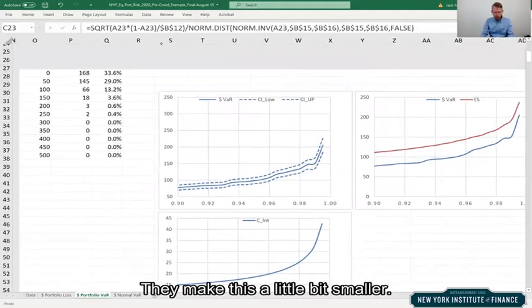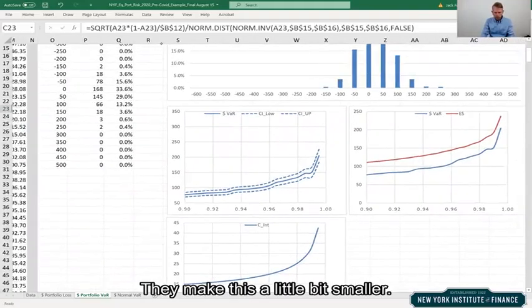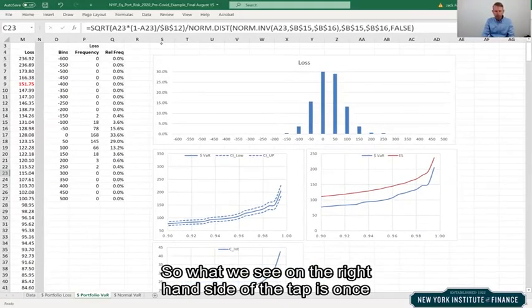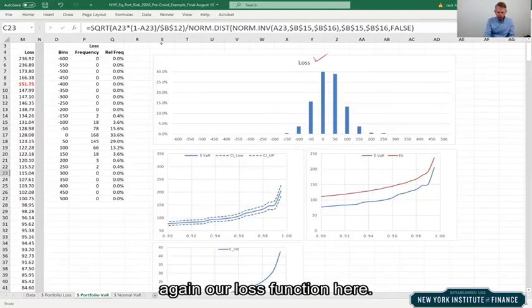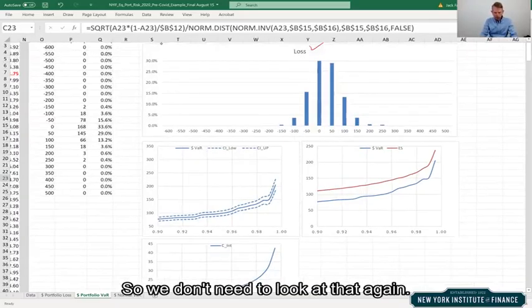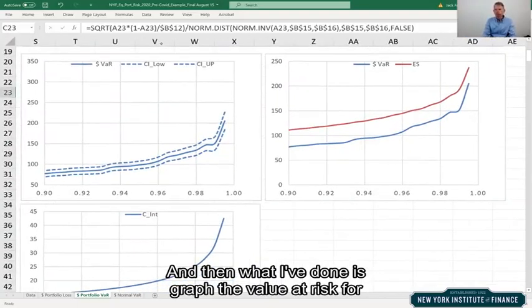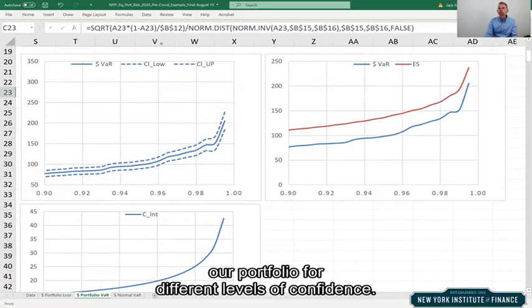Let me make this a little bit smaller. What we see on the right-hand side of the tab is, once again, our loss function, so we don't need to look at that again. And then what I've done is graph the value at risk for our portfolio for different levels of confidence.